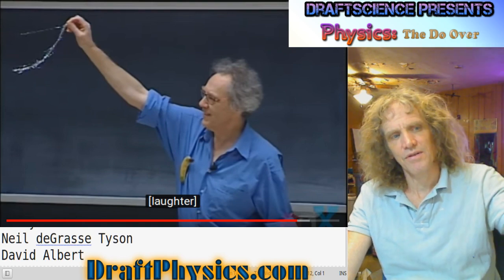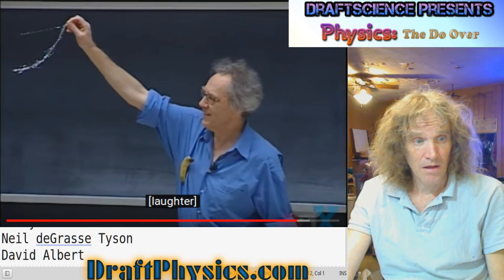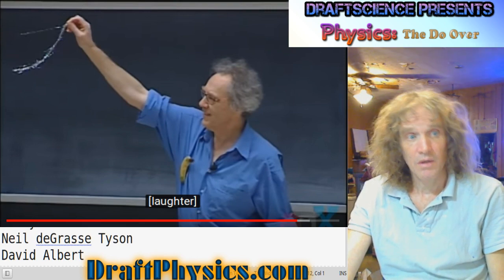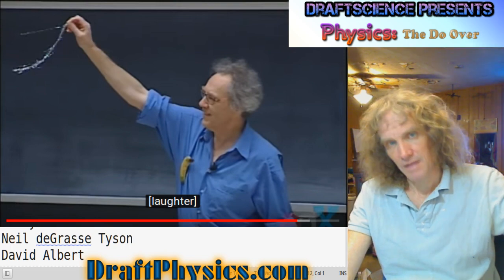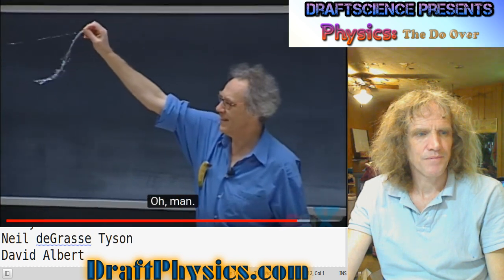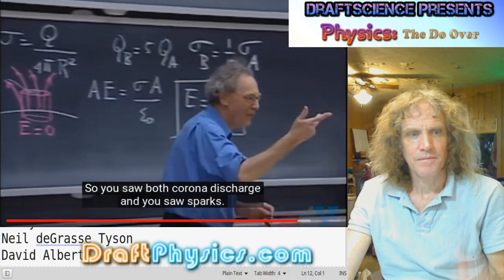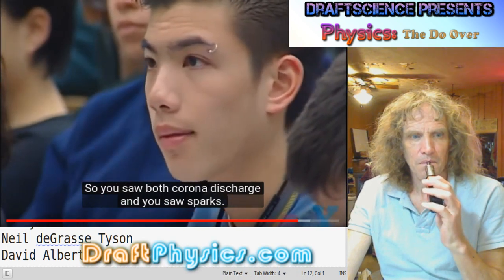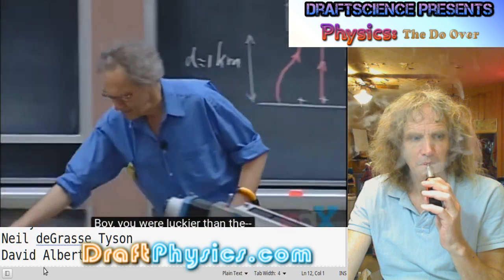So the tinsels are kind of guaranteeing it's a very little amount of current that he can pull through. It's enough resistance, so it's not draining nearly as much as the little metal tip. Oh man. Okay. So you saw both corona discharge and you saw sparks. Boy, you were luckier than the first class, by the way.